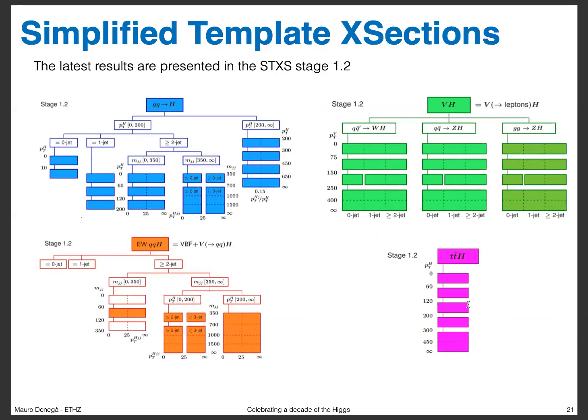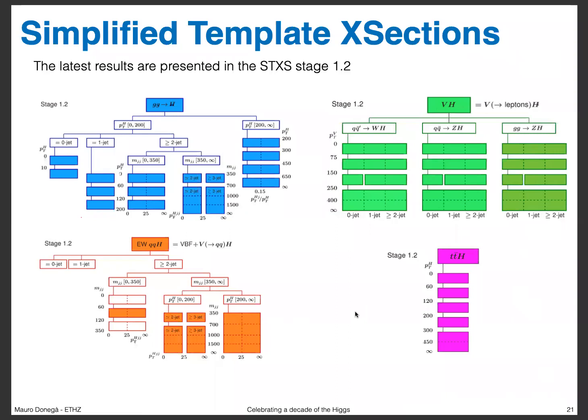All the variables you see here, including the binnings and all these mergeable bins and so on and so forth, are all designed in order to have, from the theory side, cuts that allow you to have small uncertainties. So essentially, anytime you cut on PT, you're going to have problems with resummation and so on.